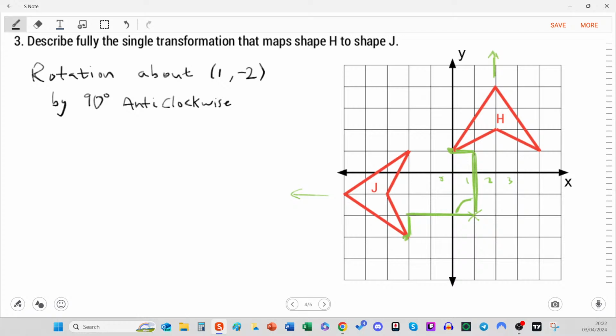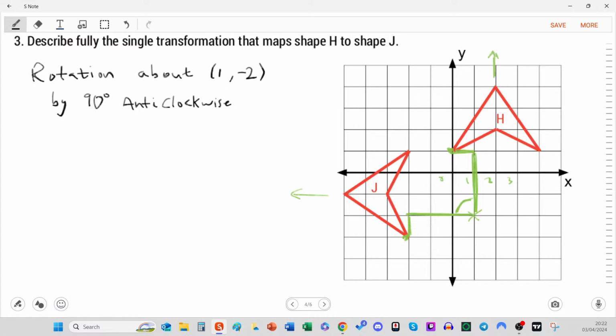I didn't go for translation. We'll see that in a second, because the shape was in a different orientation. It wasn't any longer facing upwards, so that ruled that one out. And in terms of an enlargement, it didn't get smaller or larger. The only option there would have been a negative enlargement, which is essentially a reflection.